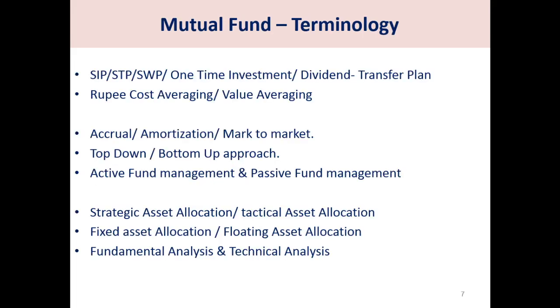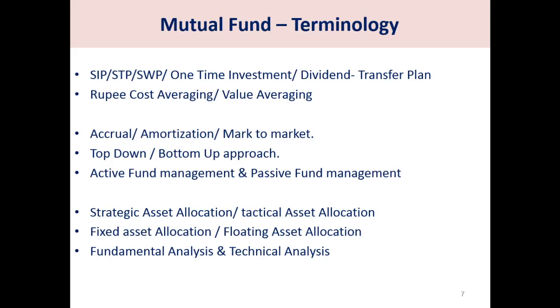And in the last segment of our terminology, we have different words like SIP, STP, SWP, very, very popular: systematic investment plan, systematic transfer plan, and systematic withdrawal plan. Besides, we have one-time investment methods and the dividend transfer plan. This is the way you approach mutual fund schemes: how to invest, how to continue investing, and how to withdraw money also.